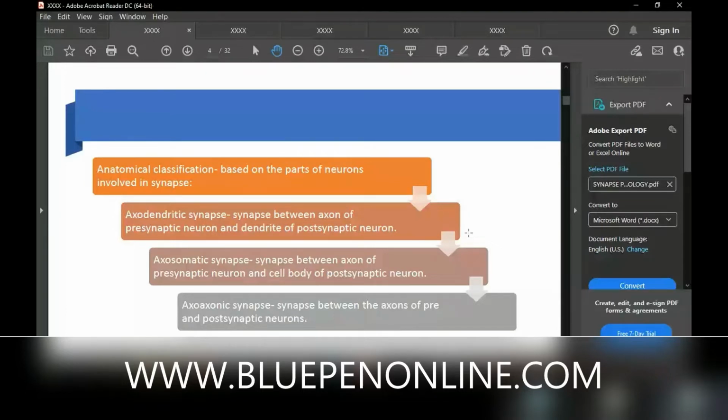The first one is axodendritic, in which the synapse is formed between the axon of the presynaptic neuron and the dendrite of the postsynaptic neuron. Anyway, you know the parts of a neuron, right?